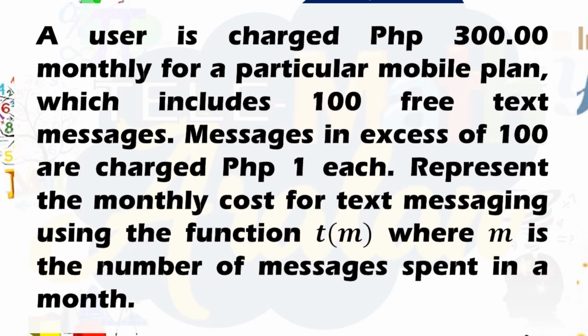The situation of the problem has two scenarios. First, you will only pay 300 pesos if you have consumed your 100 free text messages. Any excess of messages being sent is charged with 1 peso each.